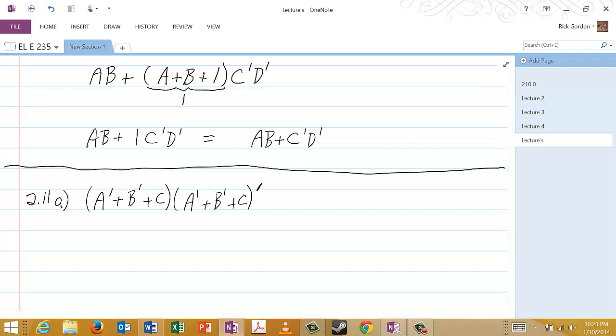That is correct, but that is not the fastest way to simplify this problem. The fastest way is to notice that this expression simply has one term ANDed with the complement of that term.